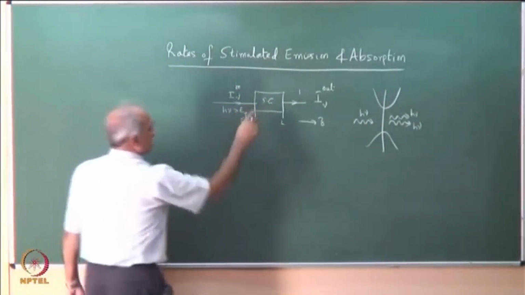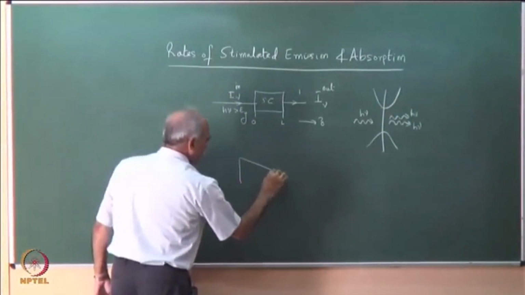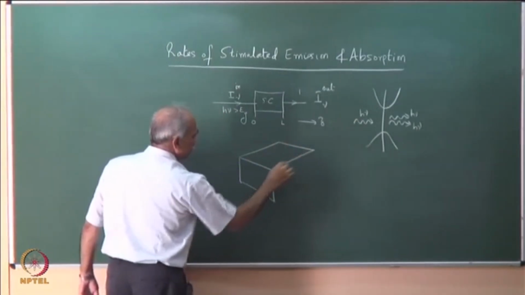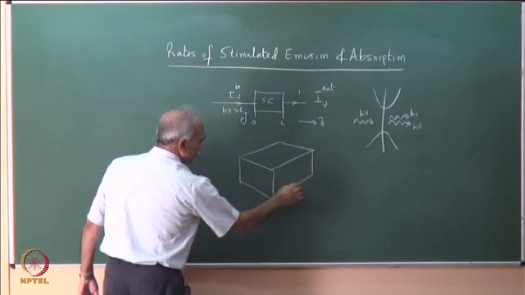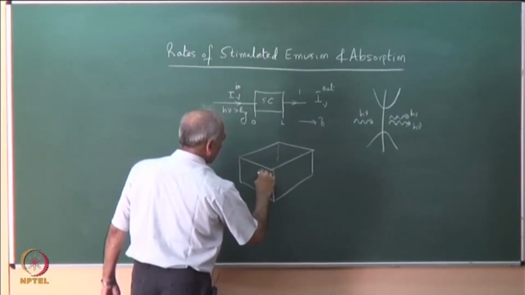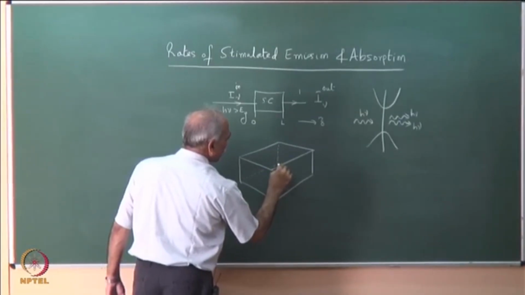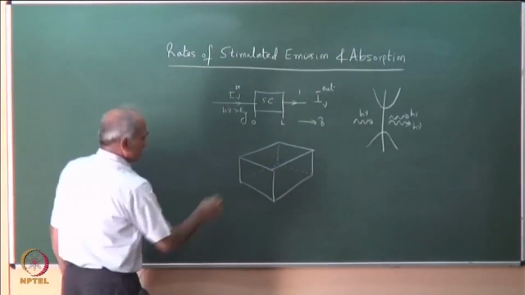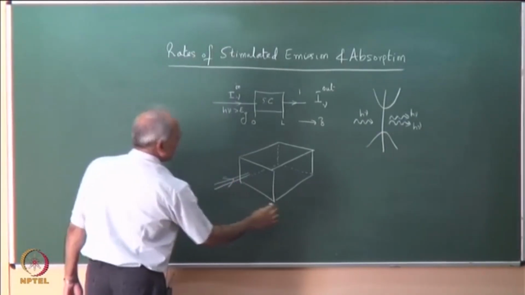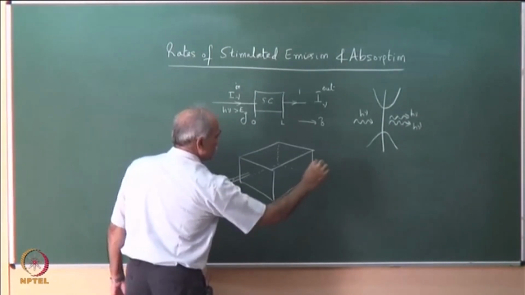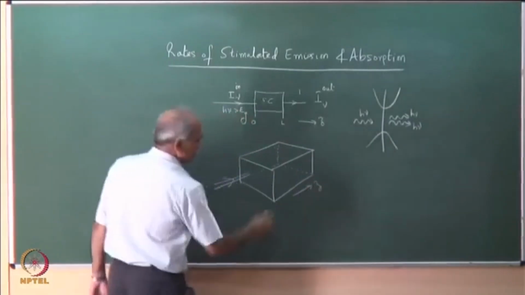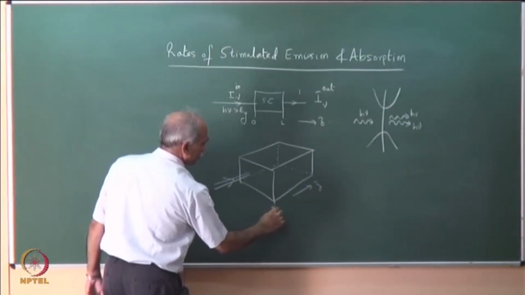So, let me draw this diagram again. This is a piece of semiconductor. A light beam is incident at z equal to 0. The direction of propagation is the z direction.